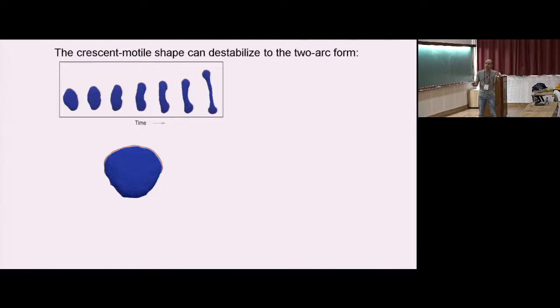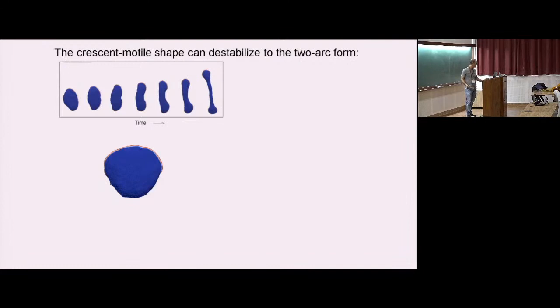As soon as there is this break here, the net forces from one part of the aggregate are slightly shifted upwards, and the arc here is slightly shifted downwards, and now there is no way back. They are slightly increasing and enlarging this break until they end up in this two-arc shape, and that's it. The chance for a fluctuation that will bring this thing back to here is almost negligible.